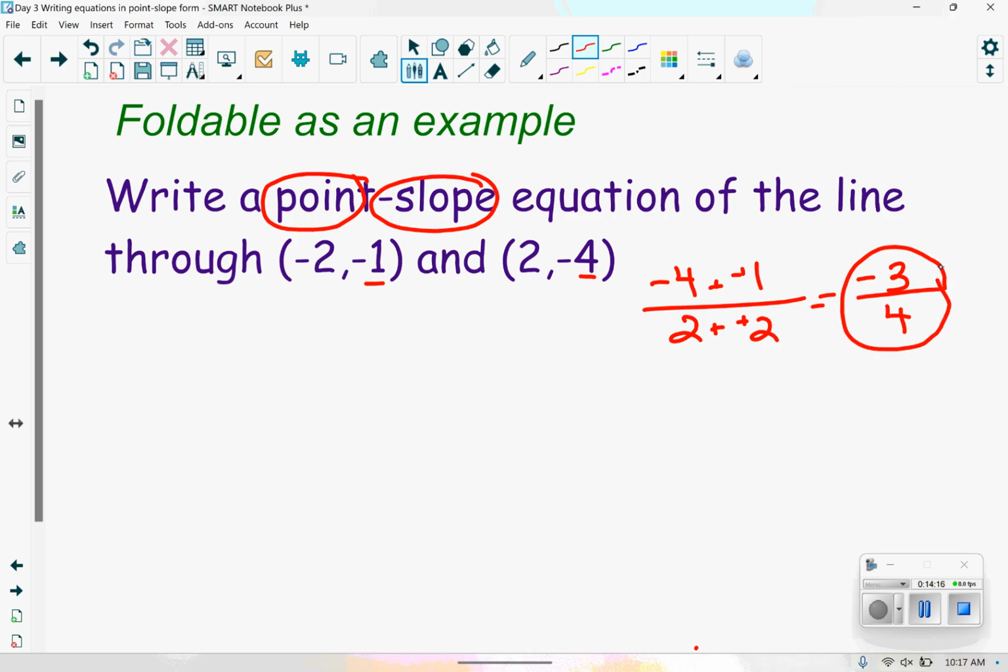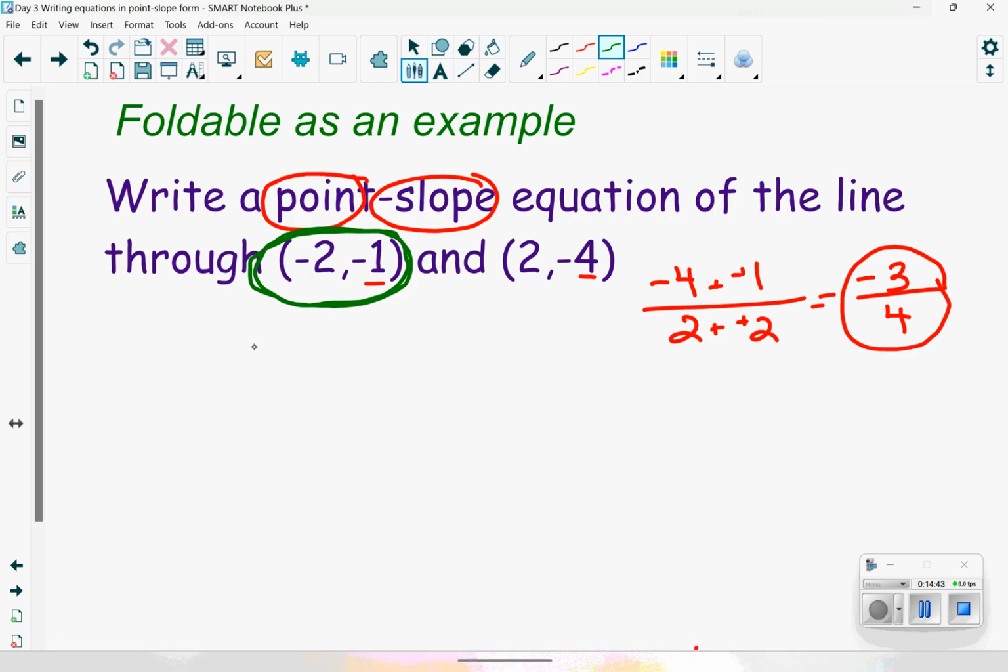So now I've got a point and a slope. You can look in your little packet in the far right column, and it says how to do it when you have a point and a slope. So here we go. I've got a slope, all I need is a point. I'm going to pick the first point just so that we're all on the same page.